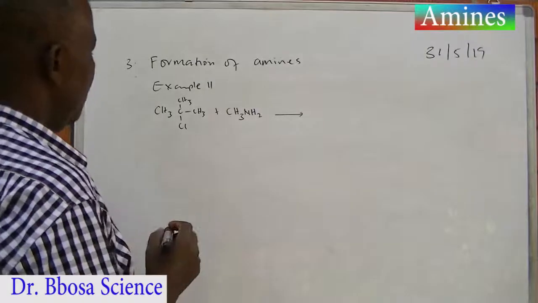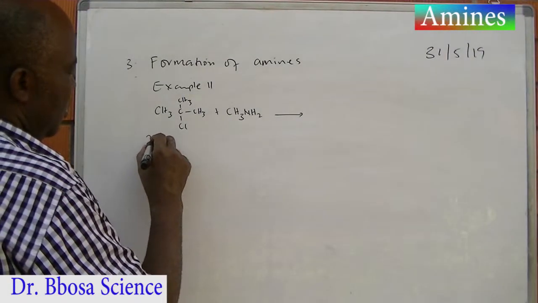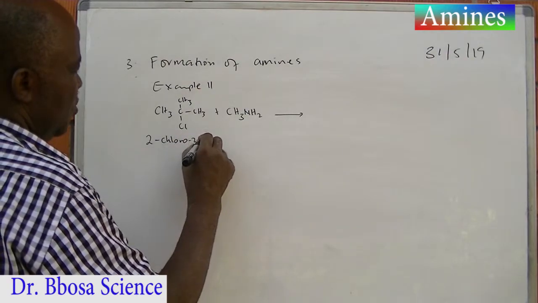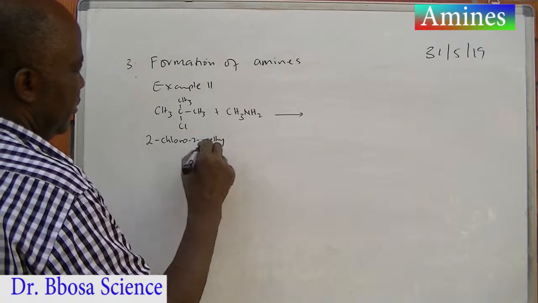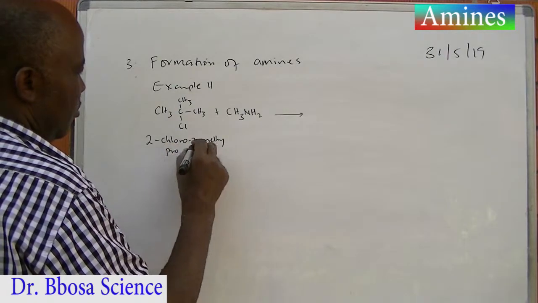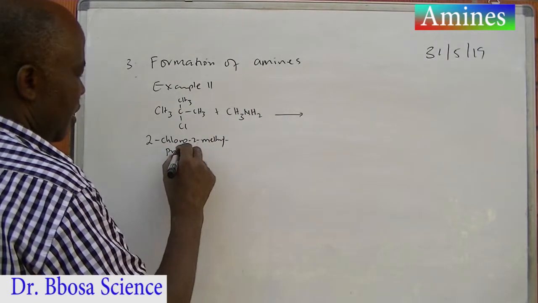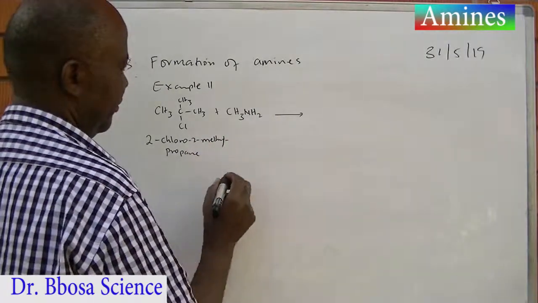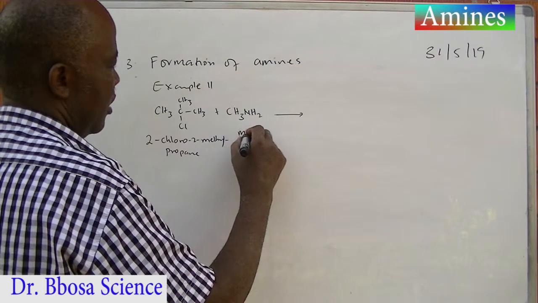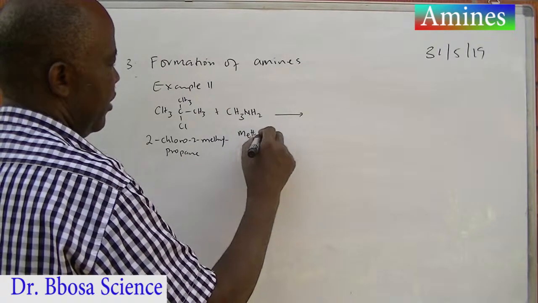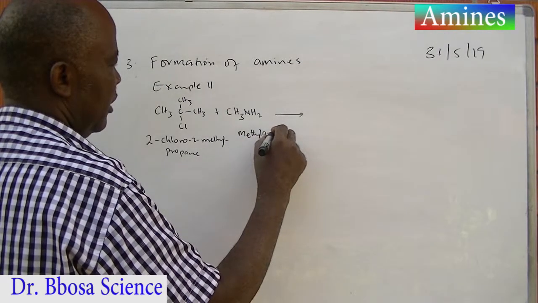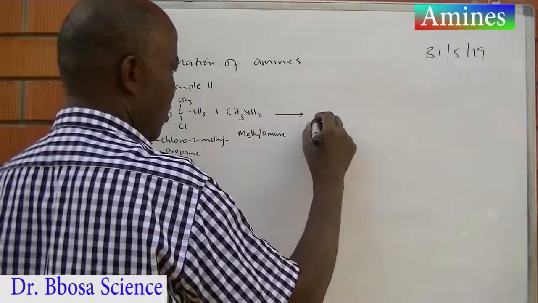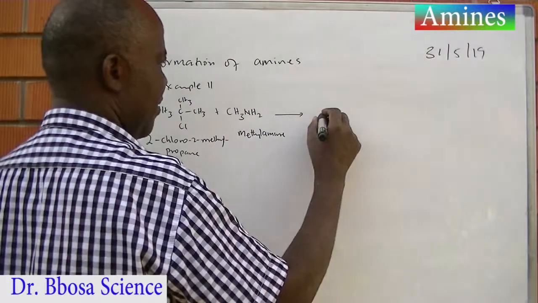Example 2. 2-chloro-2-methylpropane reacts with methylamine to form an amine.